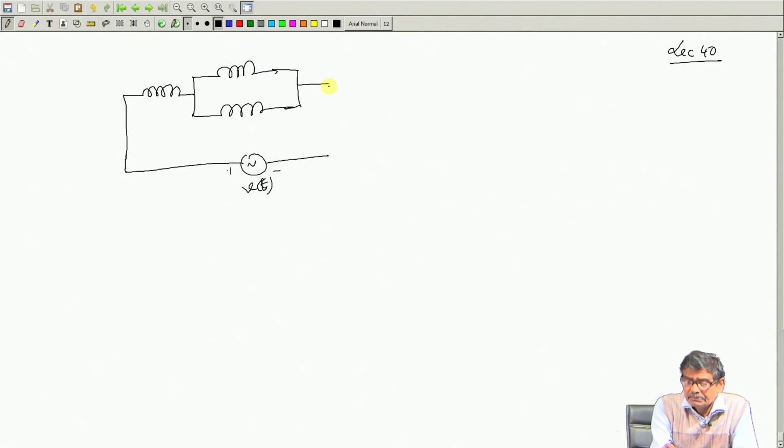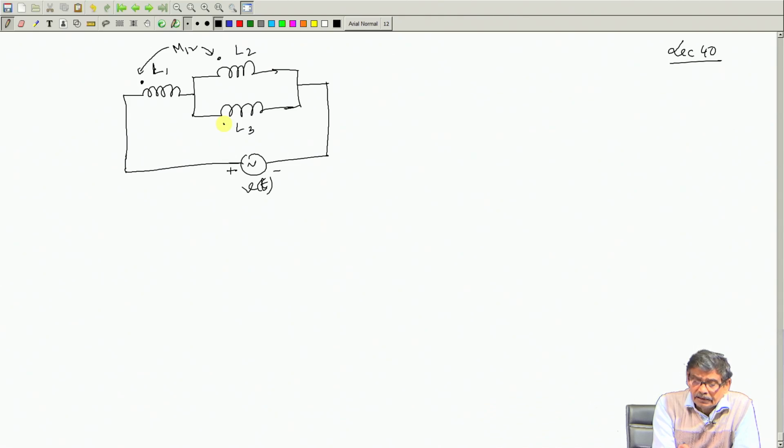Once you are accustomed to it, you can write without that detail. Suppose this is L1, this is L2, this is L3, and there is mutual inductance between L1 and L2, say M12.